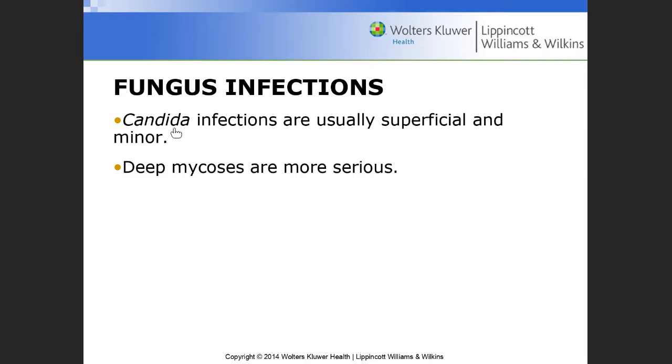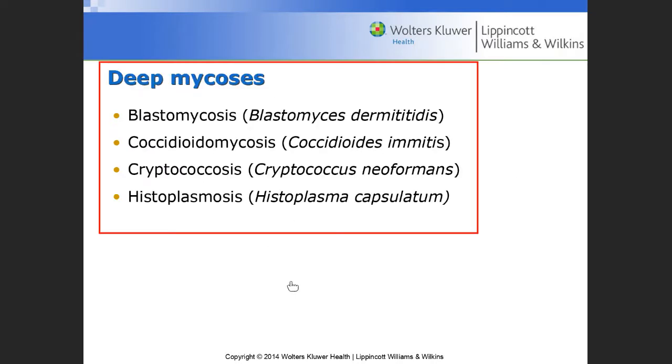There are many kinds, but we're just going to talk about the deep mycosis, the four that cause serious problems in our body: blastomycosis, coccidiomycosis, cryptococcosis, and histoplasmosis.